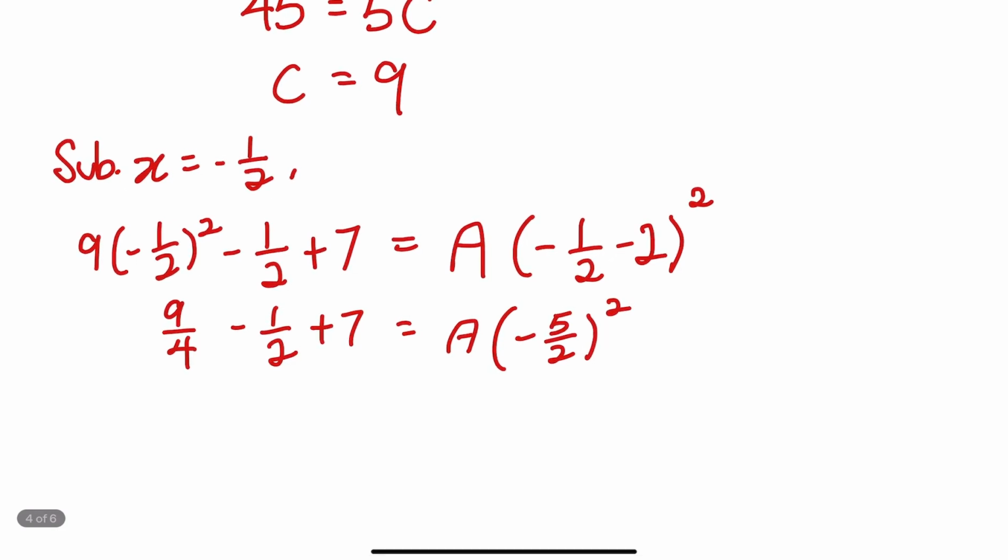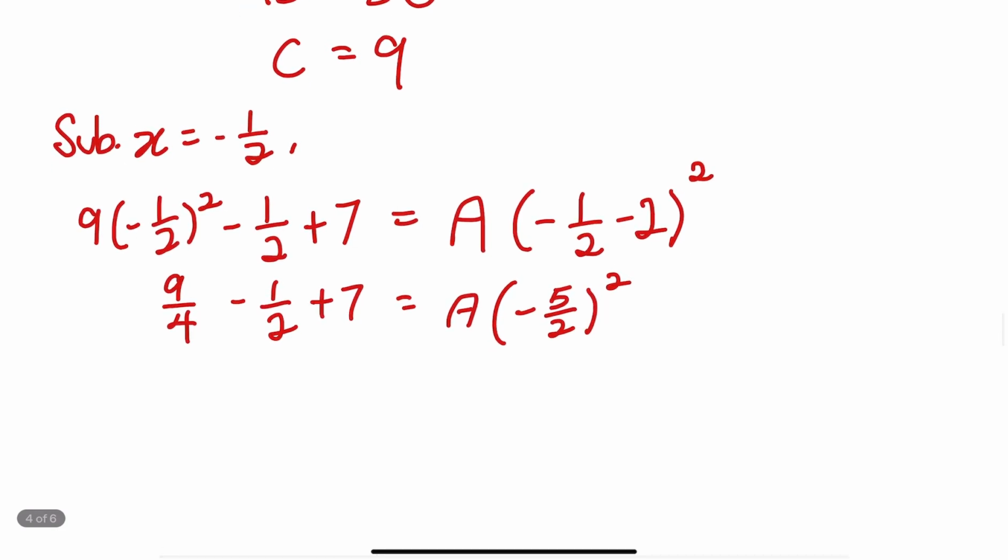Okay, then by further simplifying, I will get 25 over 4 a will be equal to 9 over 4 plus 7 minus half, which will become 7 over 4 plus 7.